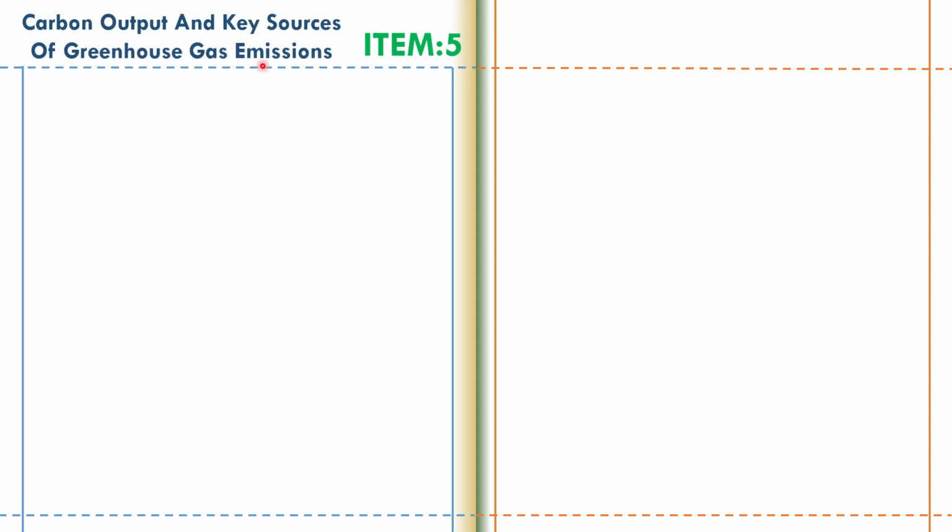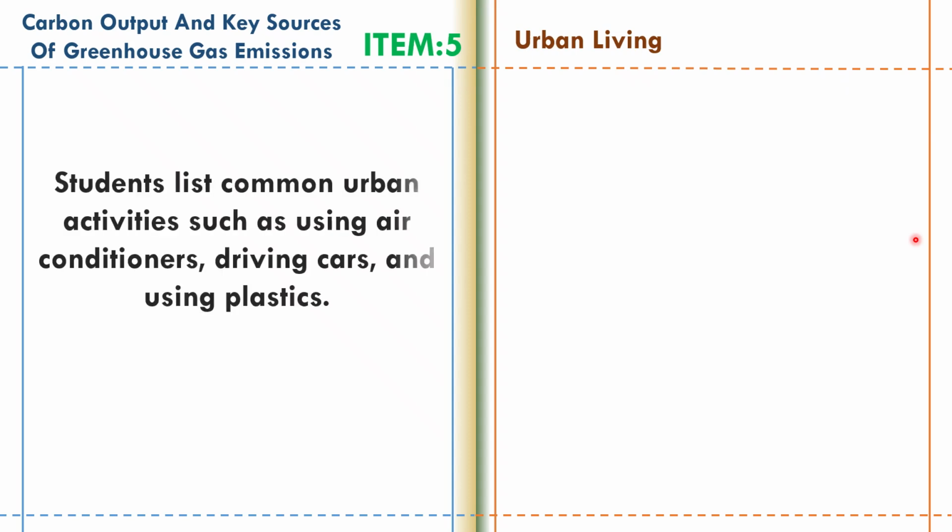Carbon output and key sources of greenhouse gas emissions, item 5. Let's now look at urban living. Students list common urban activities such as using air conditioners, driving cars, and using plastics.